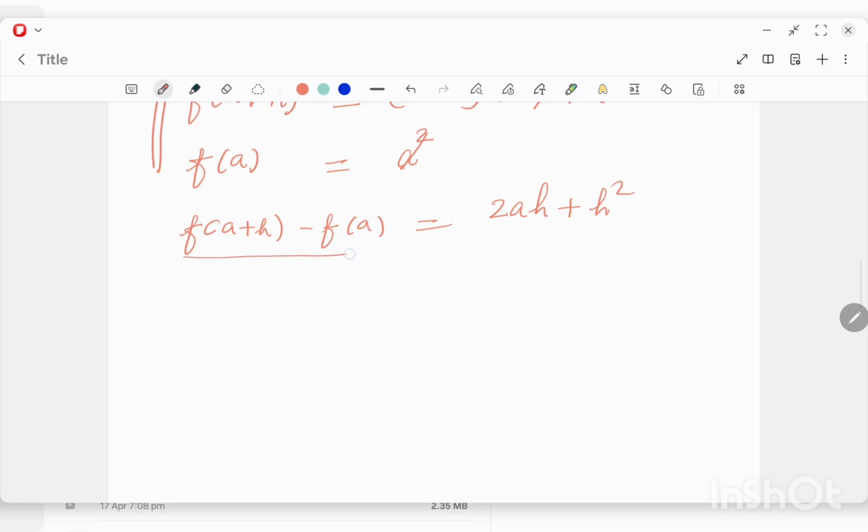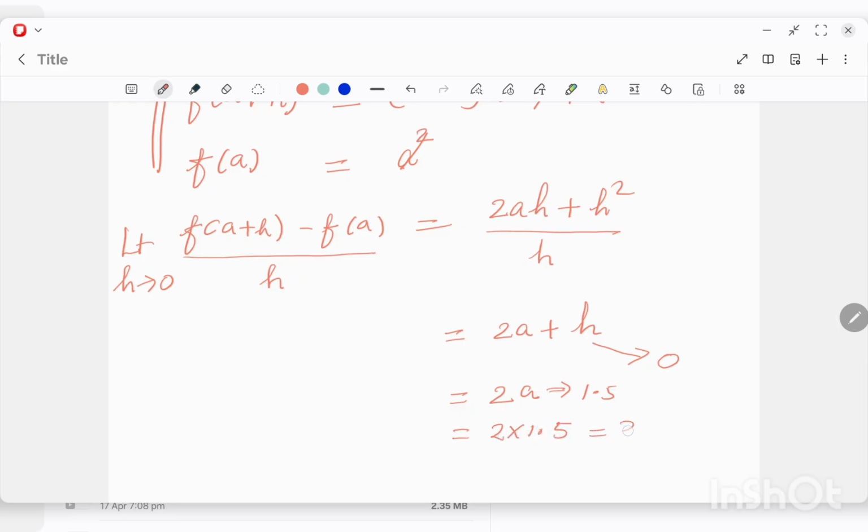When we divide this by h, the right hand side becomes 2a plus h. When h approaches 0, this term approaches 0, so we have 2a, and we know a's value is 1.5, which is 2 times 1.5, which is 3. So this is the value we got, the slope of the tangent at A.